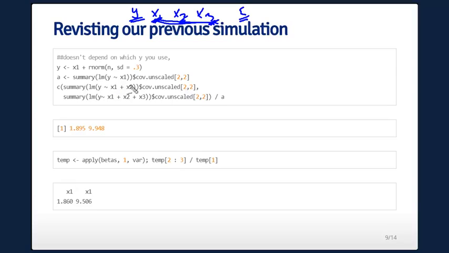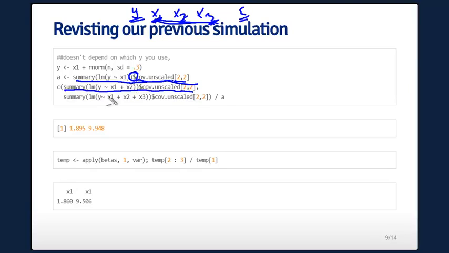So in this summary of the linear model fit, if you grab the unscaled covariance, the 2,2 entry is the variance for beta 1 in this case. That's maybe a bit detailed, but it's true, so just trust me on that if you don't quite get it.